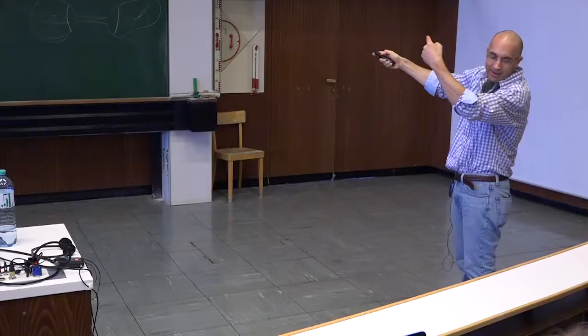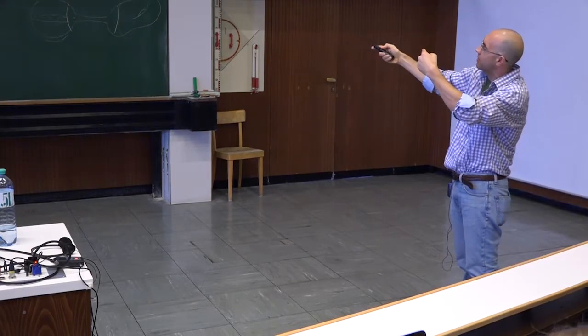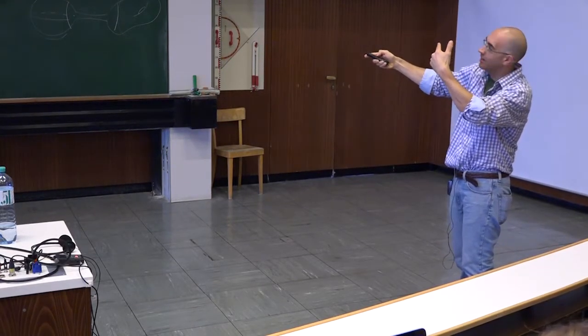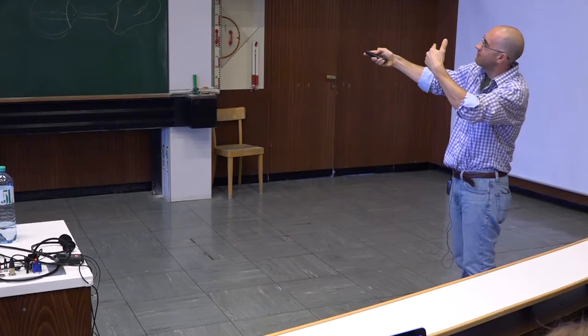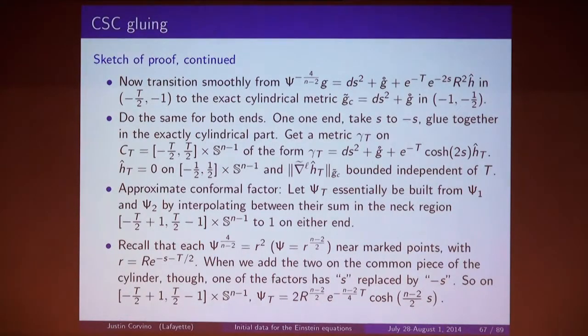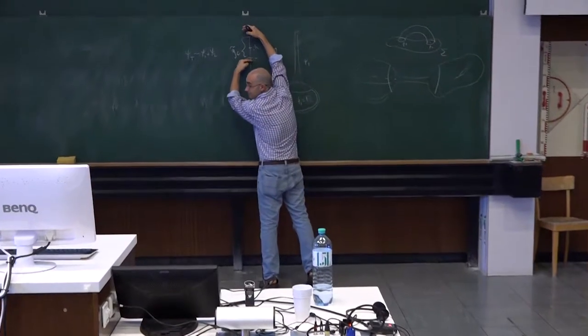Now, on the other end, you have to make s minus s. That gives you a plus s. Okay? So when you add them together then, psi 1 and psi 2, plug in, you get this for psi t. That's the equation for psi t sort of in the middle.